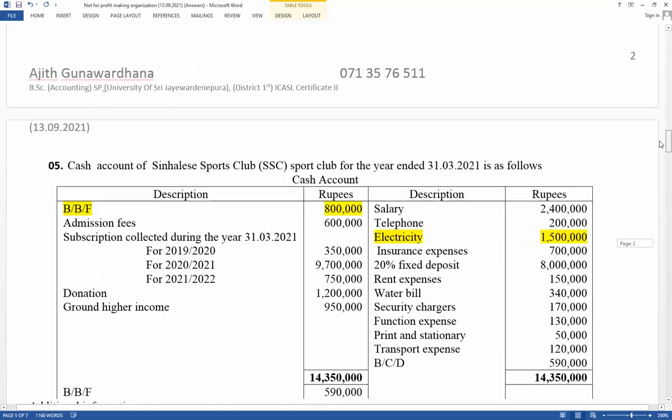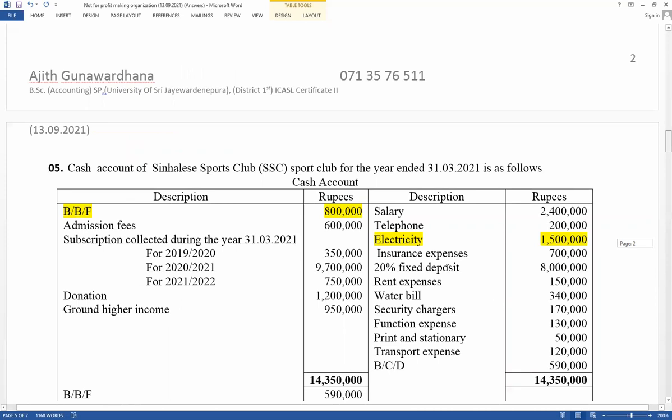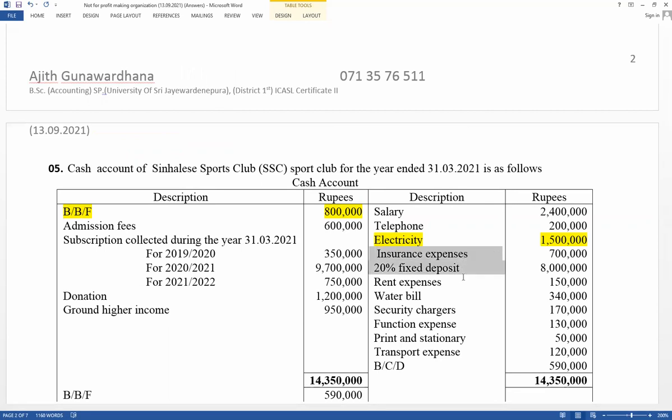See the cash account credit side, and given insurance expense 700,000, as well as rent expense, water bill, security charges, and given functional expense, print and stationery, as well as transport expense. All the expense should be included under expense.